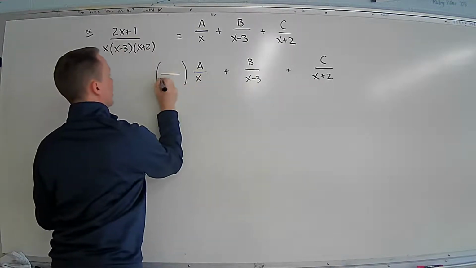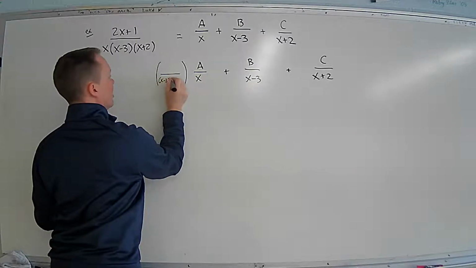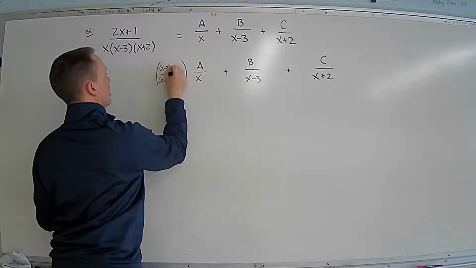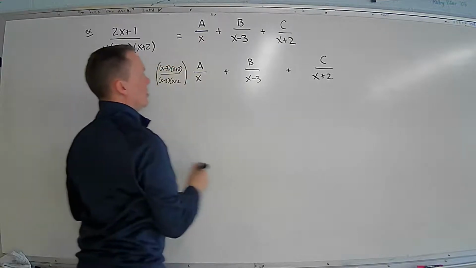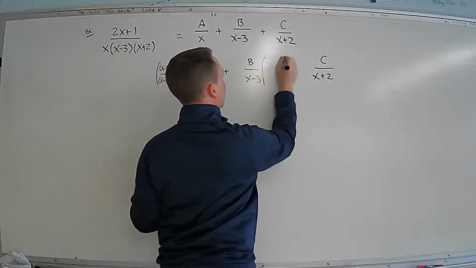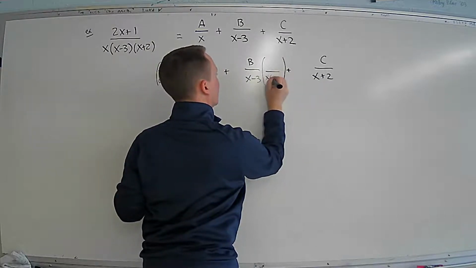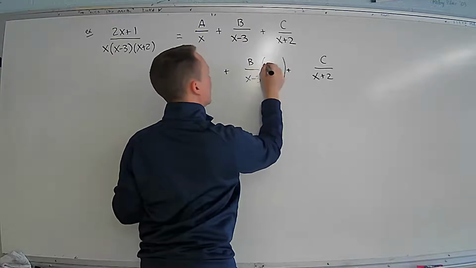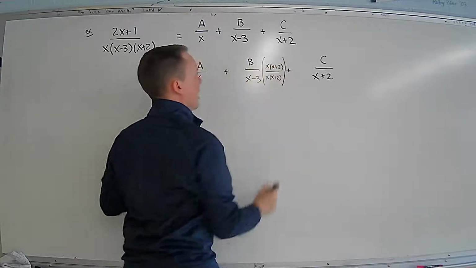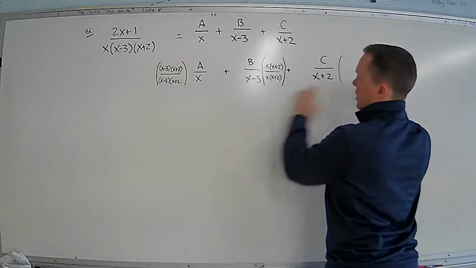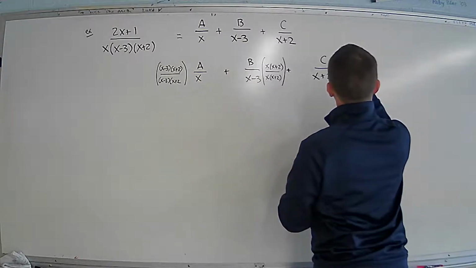So he needs x minus 3, x plus 2. What's this guy right here need? Well, he needs an x and an x plus 2. And what's this guy right here need? Well, he needs an x and an x minus 3.